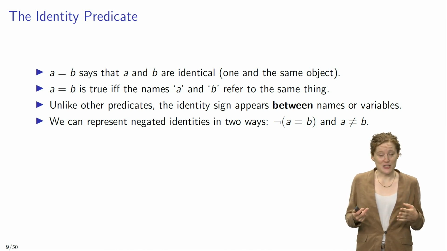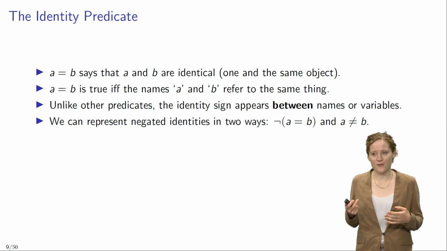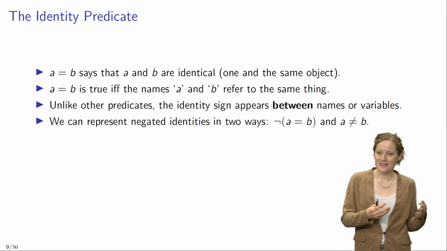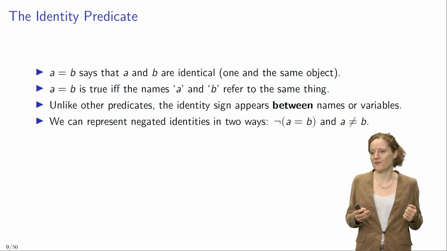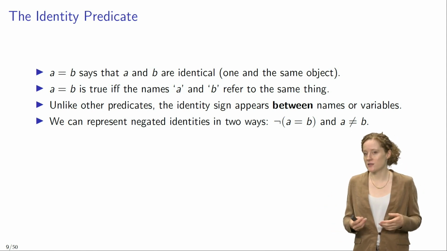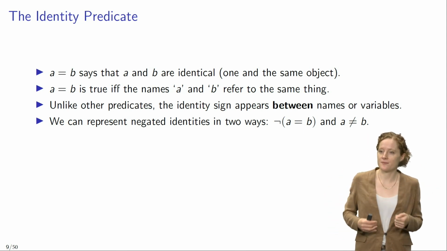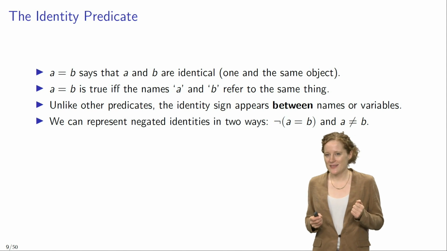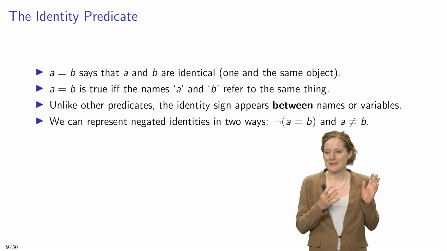Now we have special notational conventions for the identity sign. In particular, unlike other predicates, the identity sign may appear between names or variables. So as we have just seen, a equals b is a complete sentence. Other predicates always appear in front of names, not between them. And we can represent negated identities in two ways.